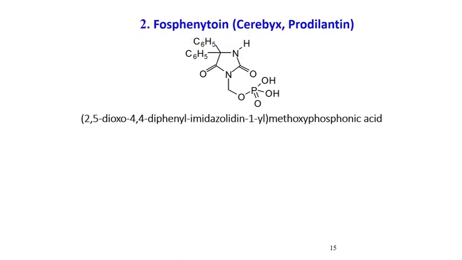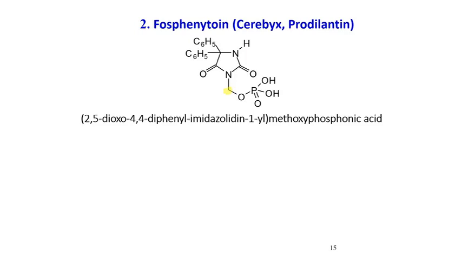The fosphenytoin is the phosphoric acid prodrug of phenytoin, where phosphoric acid is connected to the structure through this carbon, which is a methoxy.